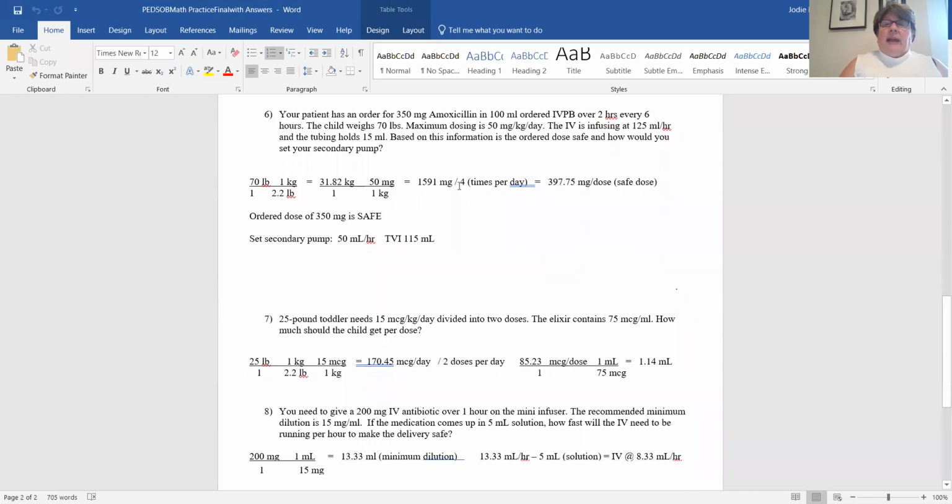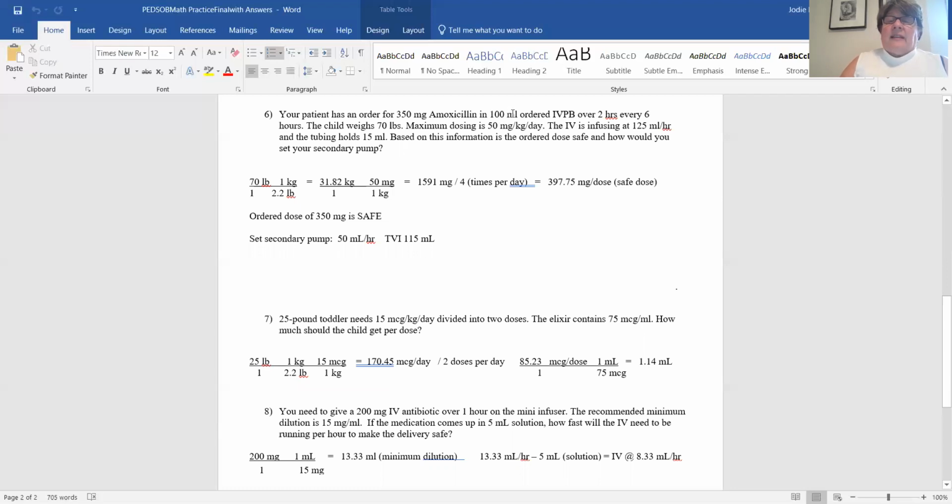This one's going to be the same type of problem that you've seen before. Your patient has an order for 350 milligrams in 100 milliliter IV piggyback to run over 2 hours. The child weighs 70 pounds. The maximum dose is 50 milligrams per kilogram per day.